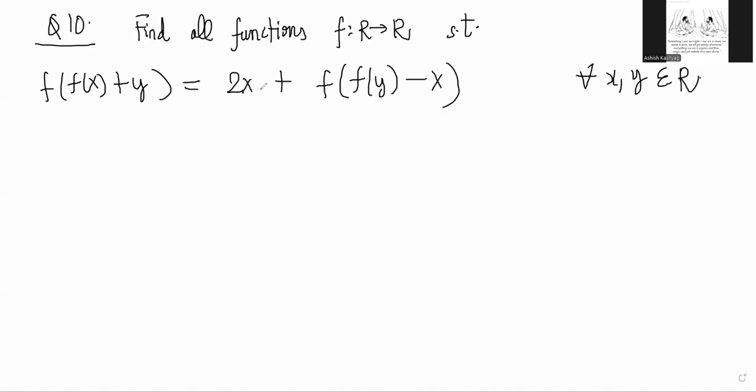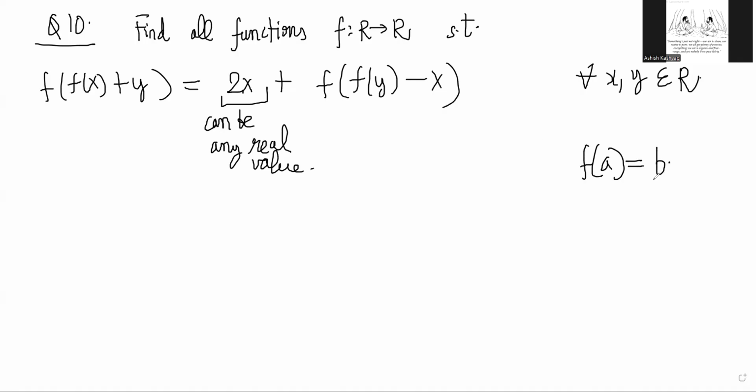Now, first thing to realize is that this 2x can be any real value, because x varies through all reals. So if I want to show f is surjective, I should get an equation something like this: f of a is equal to b, where b can be any real and a will be in the domain, right? So this is the type of thing I need to get to show that f is surjective.